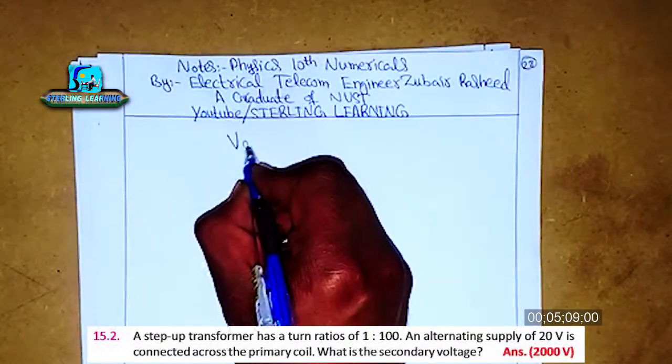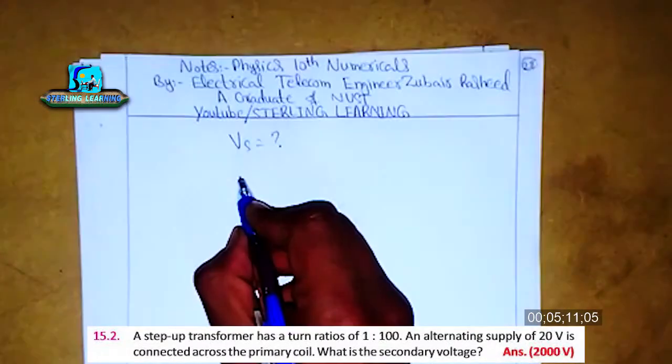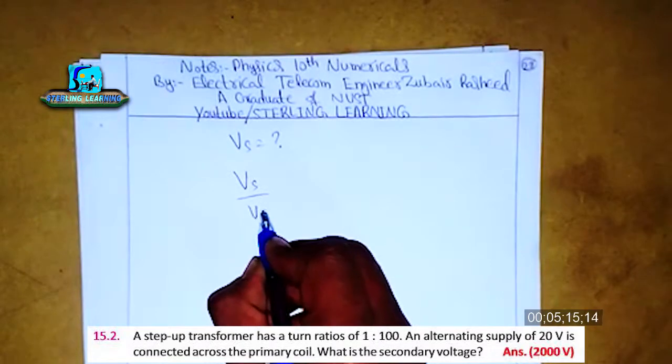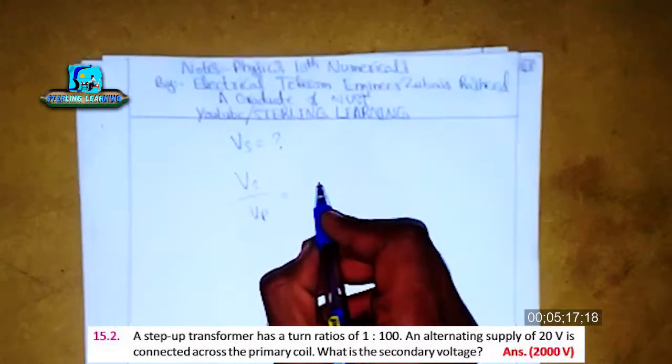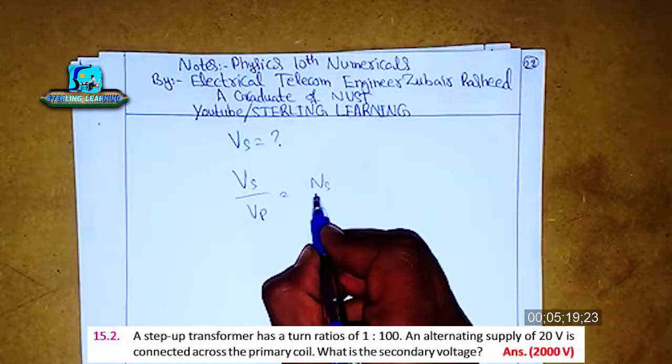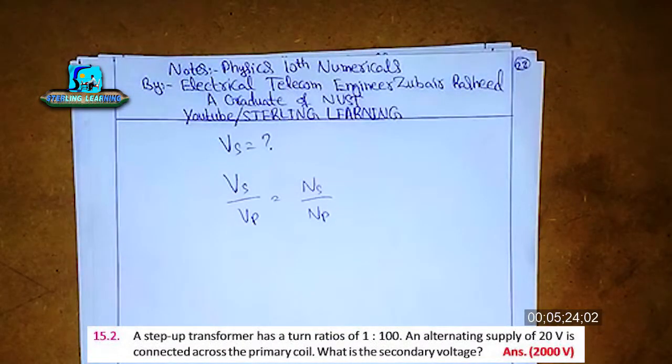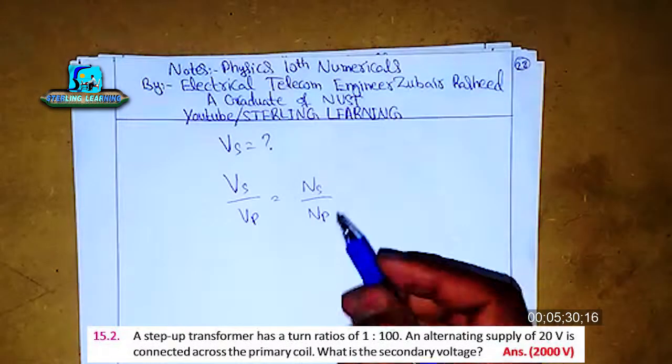So Vs is equal to what? We know the formula very well. Vs over Vp equal to Ns over Np. The turn ratio is 1 to 100. Step up means primary is small.